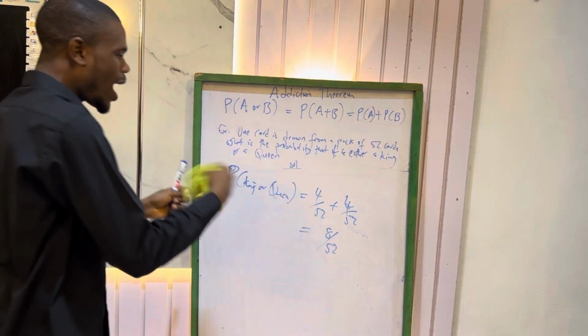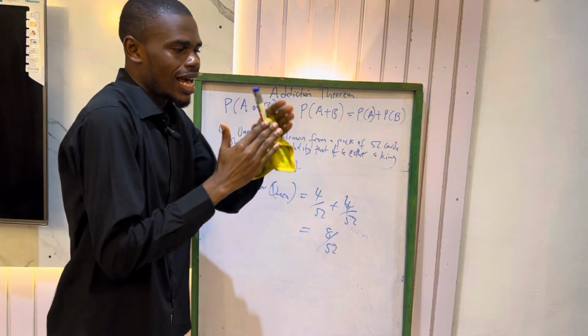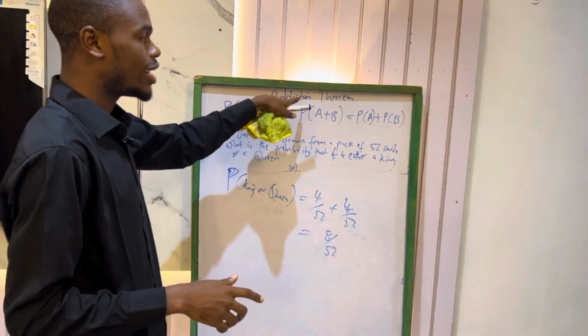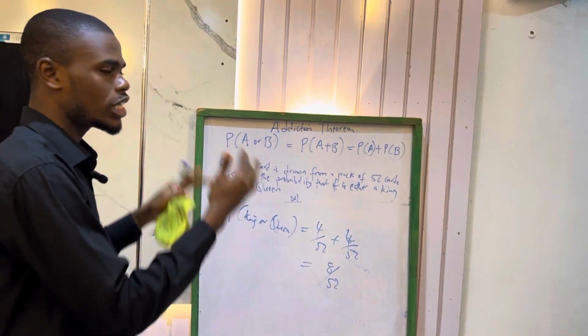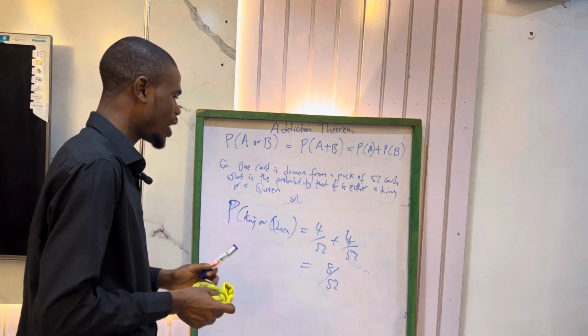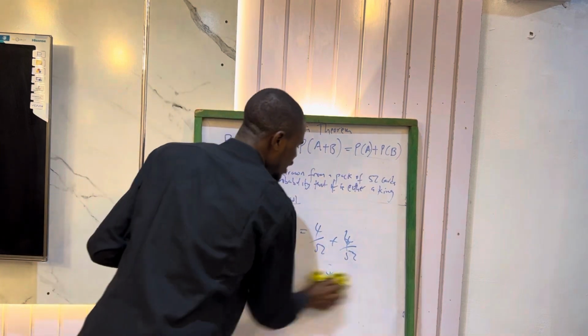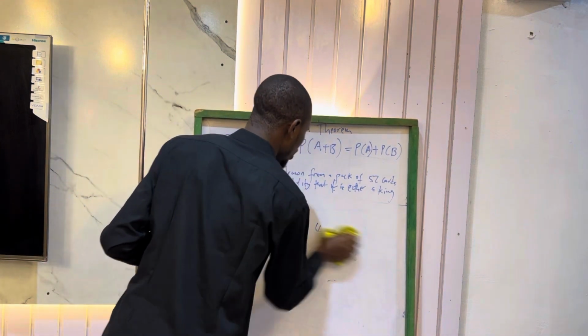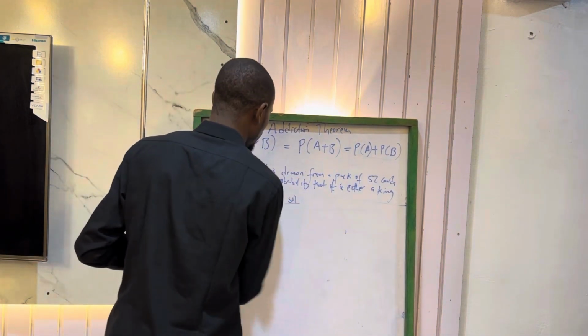So we'll just move to events that are partially dependent, that is, where one is intersecting with the other. Under the addition theorem, there are 2 types I mentioned. One is mutually exclusive and the other one is partially dependent events. So we're going to check an example under that. I'll quickly give an example. Let's say we want to draw a number from a random number of 1 to 50.